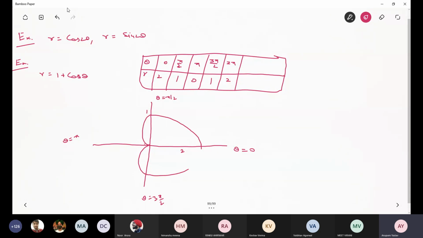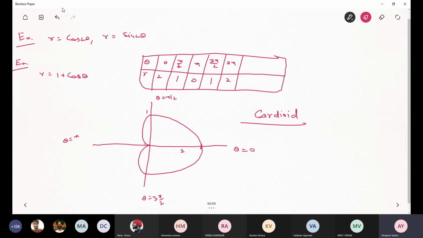So it will go like this. It looks somewhat like the shape of a heart, and we call it a cardioid. This is the way we plotted this particular curve.